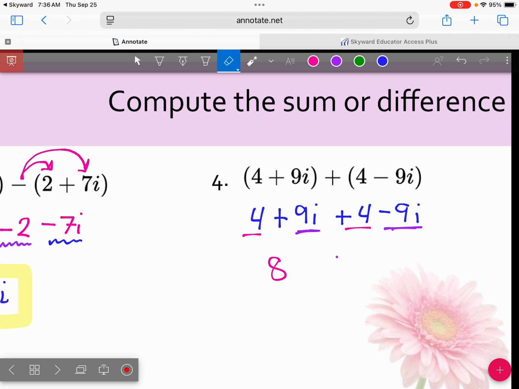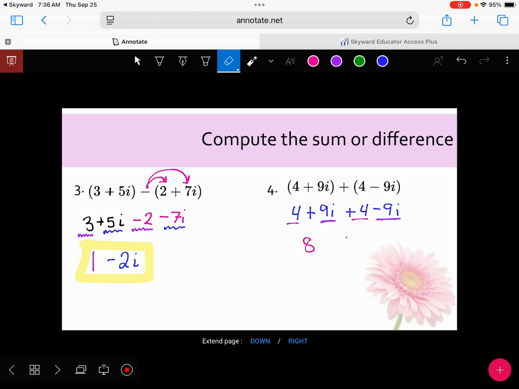These pieces that are in the parentheses here are called complex numbers. Not going to be a huge deal for us. It's one of those things that in pre-cal and beyond you will work with a bunch. So it's good for us to see them. But that's what these are.